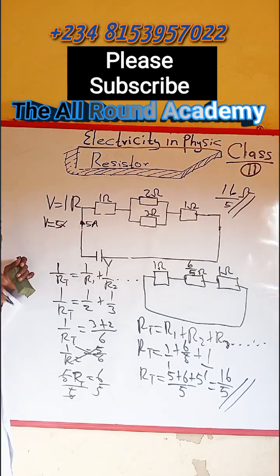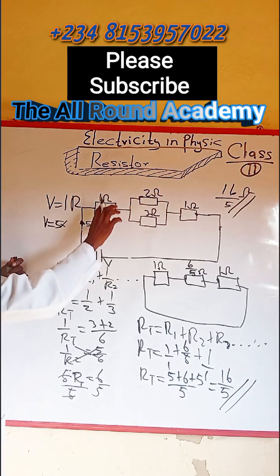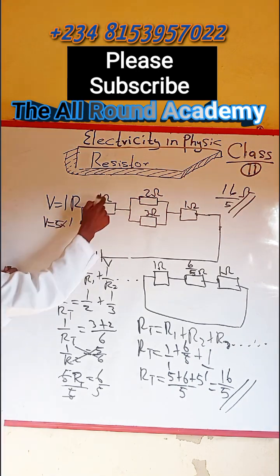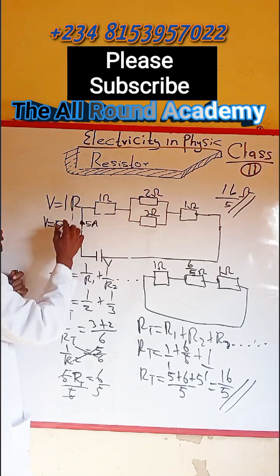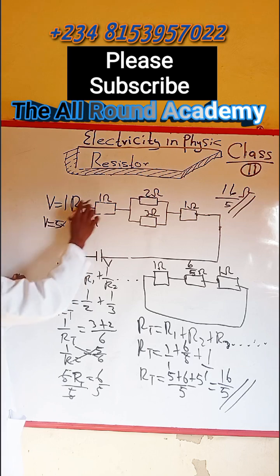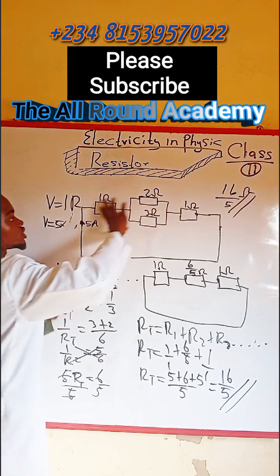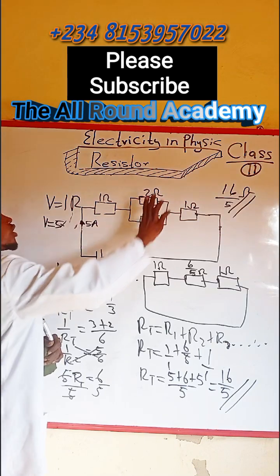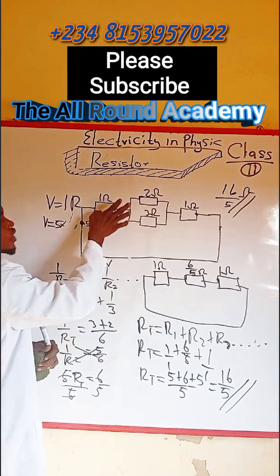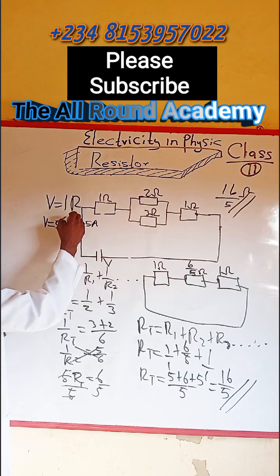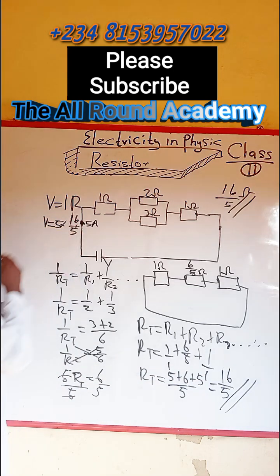The aim of knowing how to calculate the total resistance is so that I don't put 1 as the only resistor, or 2, or 3. I need to find the total resistance in this circuit. Because of that, I first calculate the ones in parallel and then the ones in series, which is what we have just done. And we have gotten it to be 16 over 5.